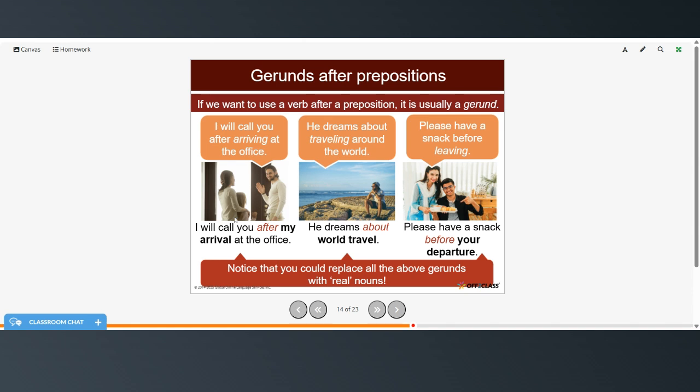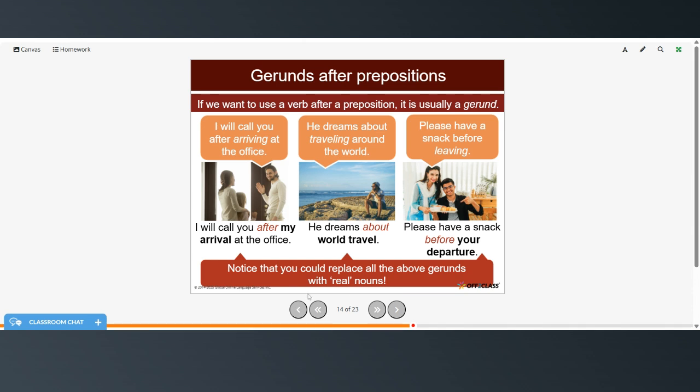Other ways to say these same sentences, I will call you after my arrival. So here, my arrival is a noun that you can use following the preposition after. He dreams about world travel. So here again, we change this to the noun form. And please have a snack before your departure.